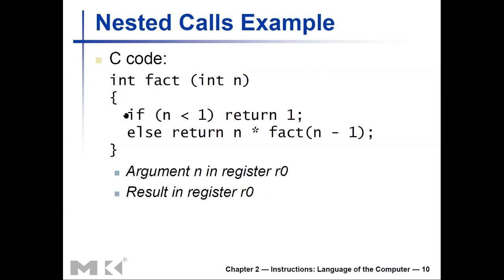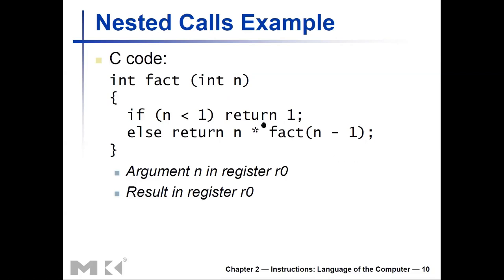So in the recursive version of the factorial, what we are doing is, if n is smaller than 1, we return 1, just 1. This is the base condition in recursion. And if this is not the case, if n is greater than or equal to 1, we call factorial again and return n times factorial of n minus 1. So the original argument n has to be multiplied with factorial n minus 1.